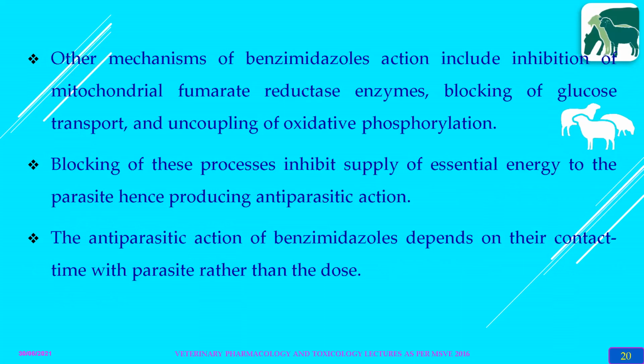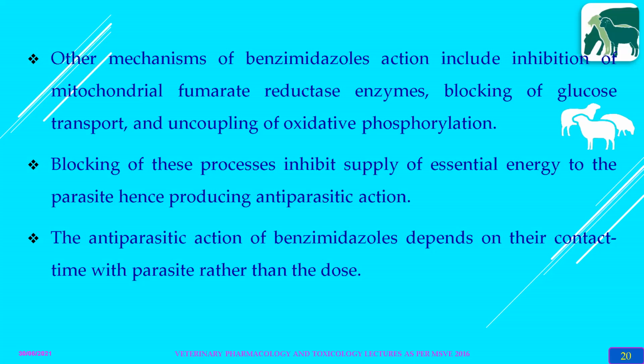Then the other mechanisms of the benzimidazoles include the inhibition of the mitochondrial fumarate reductase enzyme. This fumarate reductase enzyme is present in many of the roundworms. That's why these are going to block the fumarate reductase enzyme, block the glucose transport, and cause uncoupling of oxidative phosphorylation.